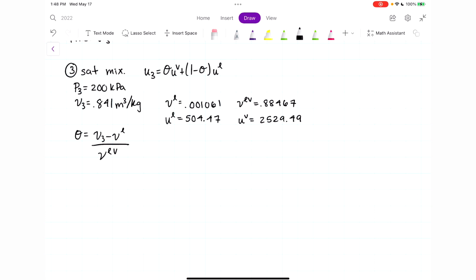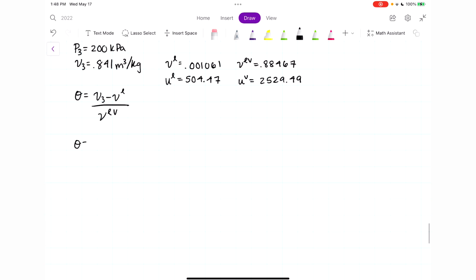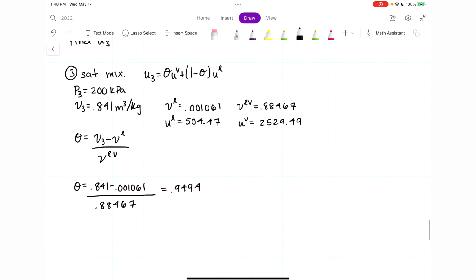So let's go ahead and find quality. The quality at state 3 is going to be 0.841 minus 0.001061 divided by 0.88467. We get 0.9494, and then we plug it into this equation right here.